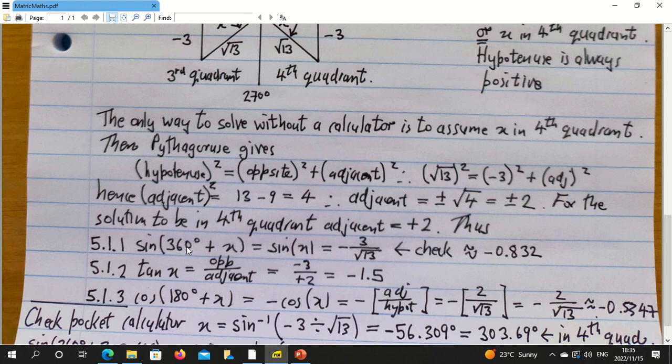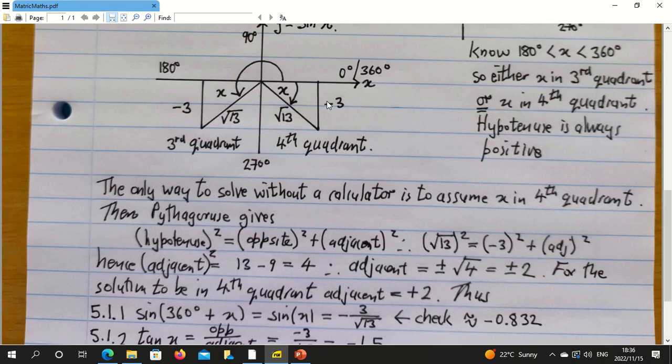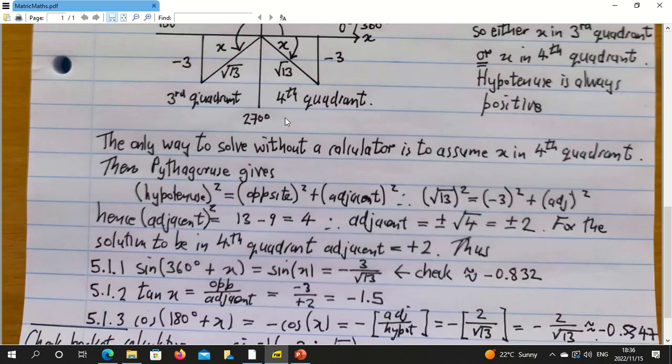So sine of 360 plus any angle will just be sine of that angle. And we already know sine of x, which is minus 3 over root 13. That's the answer. Tan is opposite over adjacent. This is the opposite, minus 3. The adjacent is plus 2, so it's minus 3 over 2, which is minus 1.5.